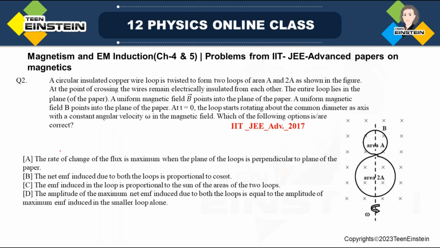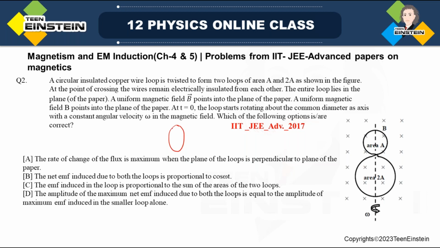So this problem is again interesting. You can see there is a circular insulated copper wire loop which is twisted. There was a loop like this, then it is twisted to make this.